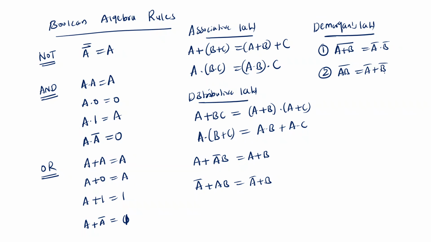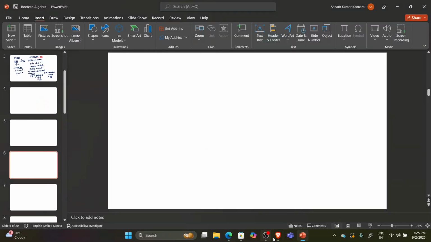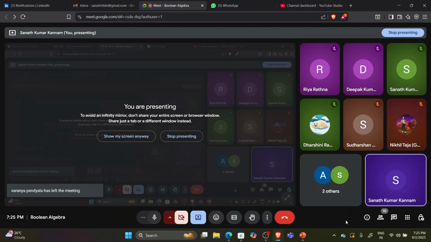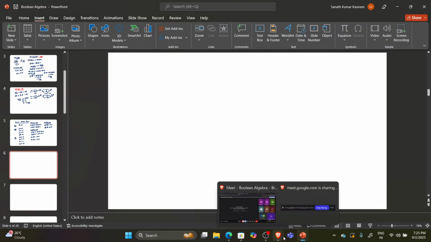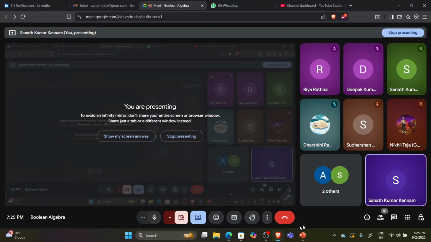So these are the basic summary of the laws. I hope you understood all these laws. Anyone? Shall I move forward? Yes, okay.